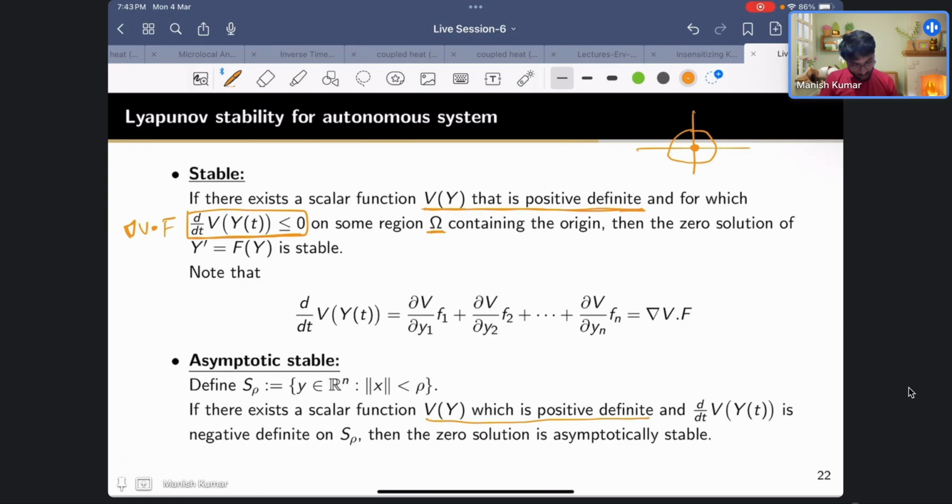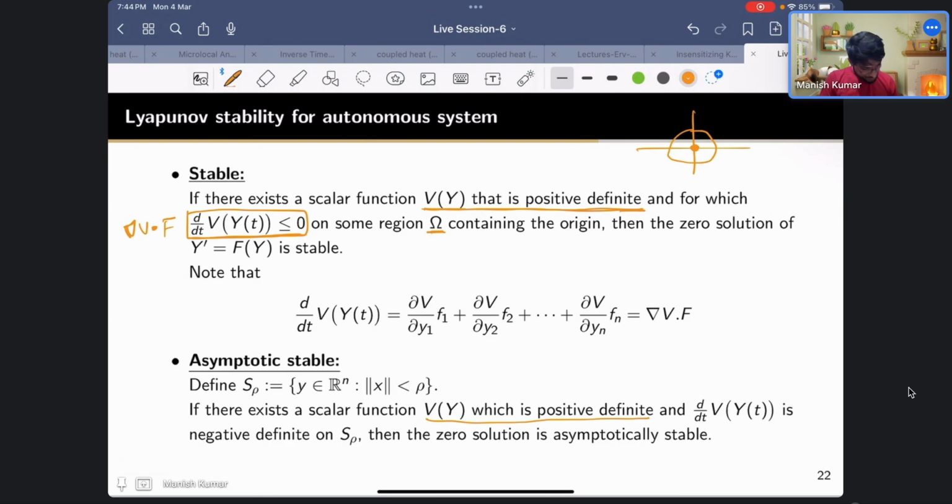For asymptotic stability you need one more thing. Asymptotic stability means it is stable with some additional asymptotic behavior of the solution; this is the definition. So when we talk about asymptotic stability, this quantity should not be just less than or equal to 0, but strictly less than 0 except at the point 0. At the equilibrium point it is 0, but other than 0 it has to be strictly less than 0.